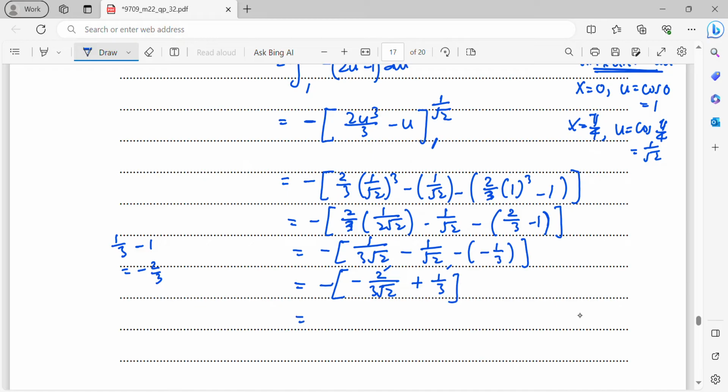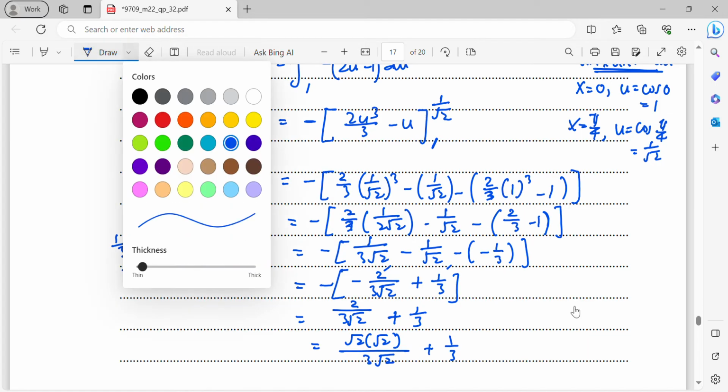So here is going to be 2 over 3 square root 2, sorry, plus 1 over 3. So 2 over square root 2 is going to be square root 2, over 3, because we know that 2 is square root 2 times square root 2. So I will get square root 2 times square root 2 over 3 square root 2, then plus 1 over 3. Now the square root 2 will be cancelled off.